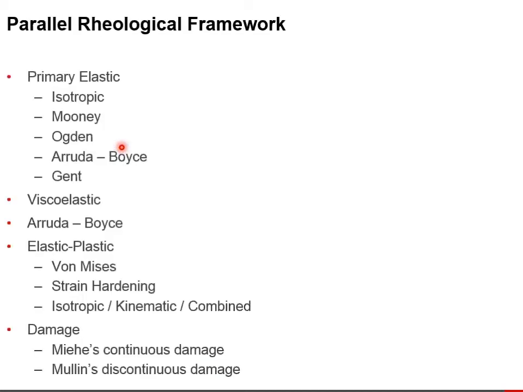The big one, which really goes to a material model that was just really introduced recently, these parallel rheological framework models. Really designed for thermosetting plastics, but also designed for other materials, materials that have a large strain elasticity component.